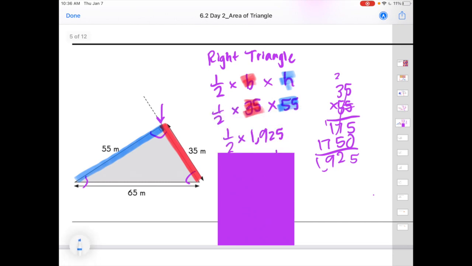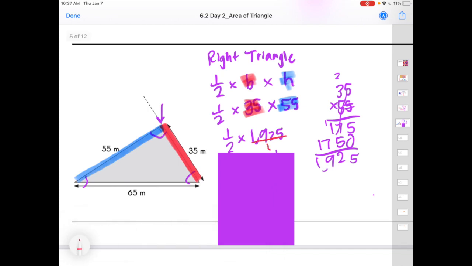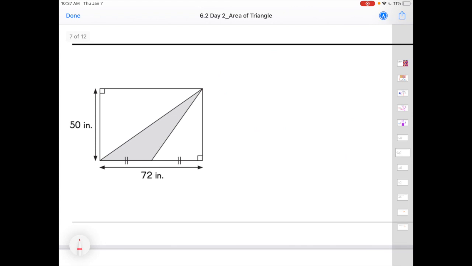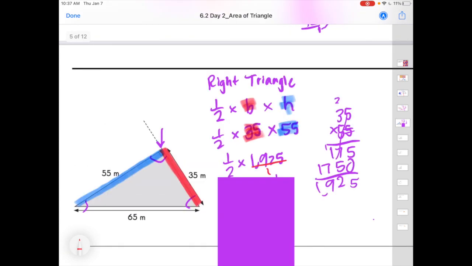And so now we're going to take half of 1,925, and just so you know why we divide by 2, if you were to actually multiply these two, going back to our work with fractions, we have the whole number 1,925.